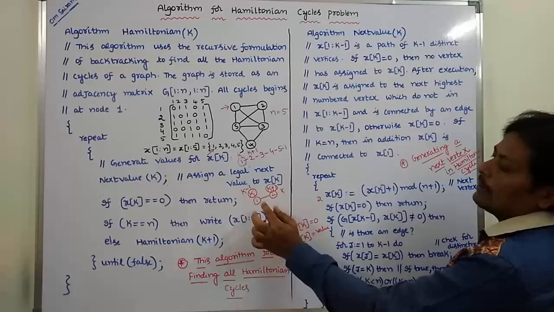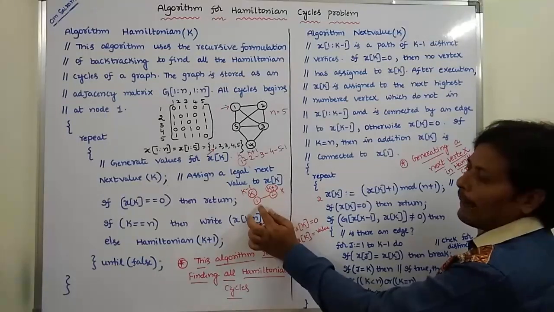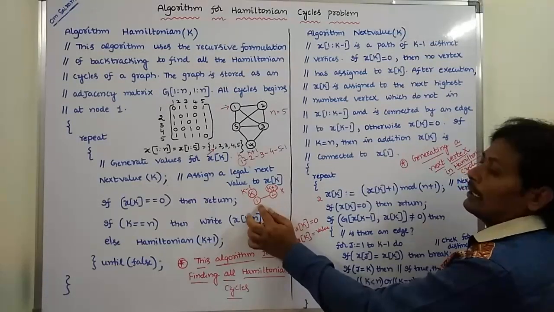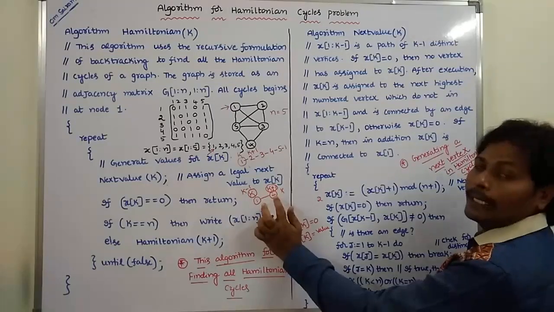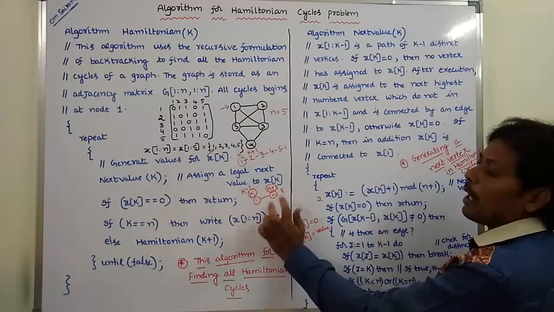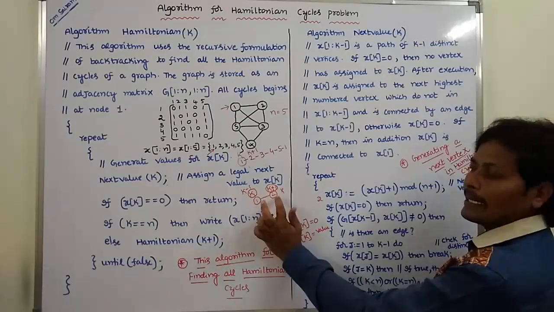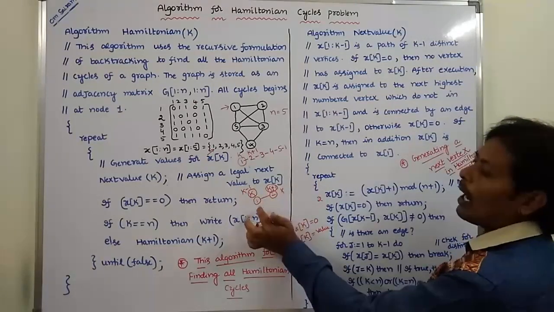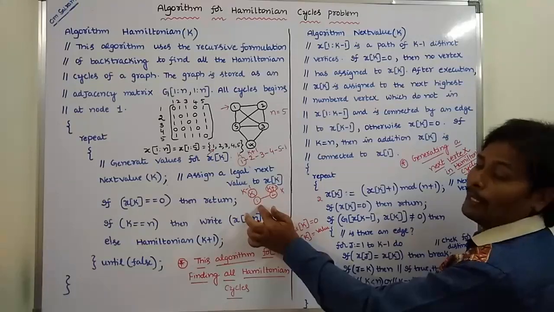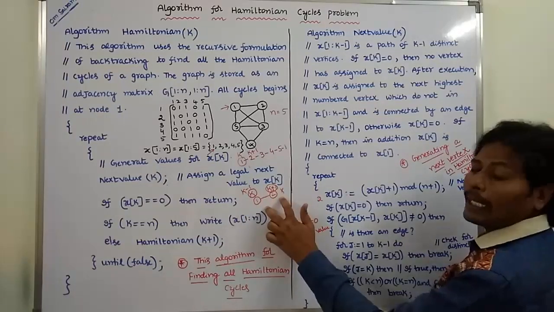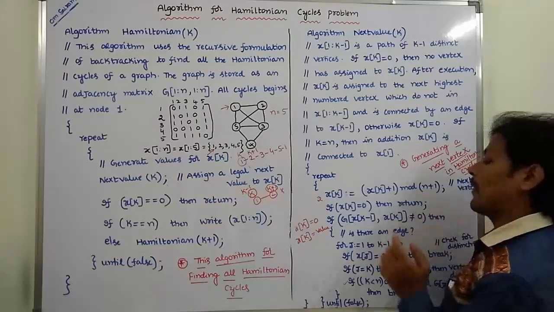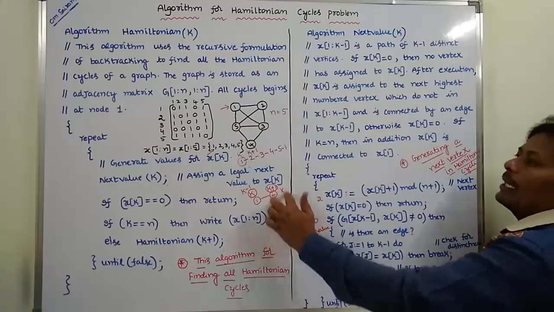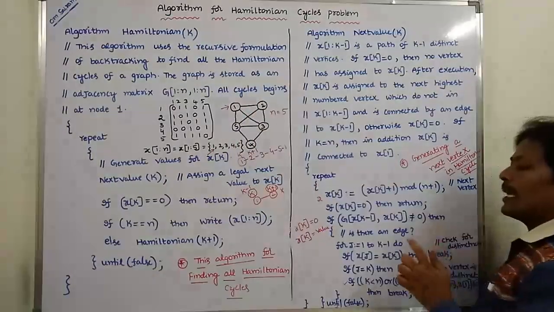Initially k points to vertex 1. Next value of k returns the index of 2. So now this is k and this is k plus 1, and now this becomes the k value and this becomes the k minus 1 value. Are these two connected by an edge? Yes, 1 and 2 are connected by an edge.